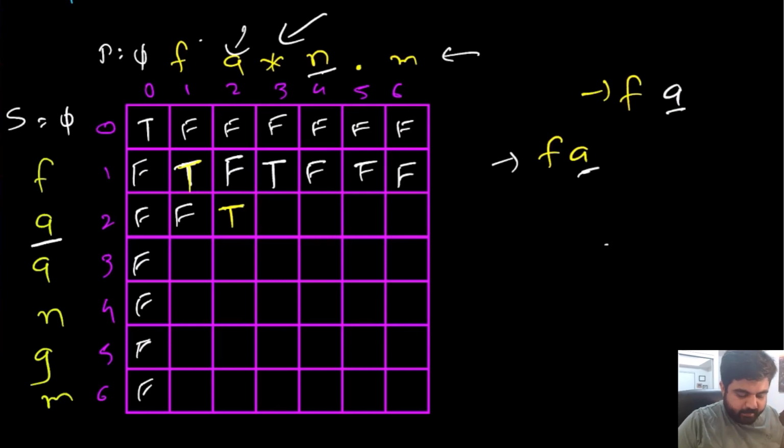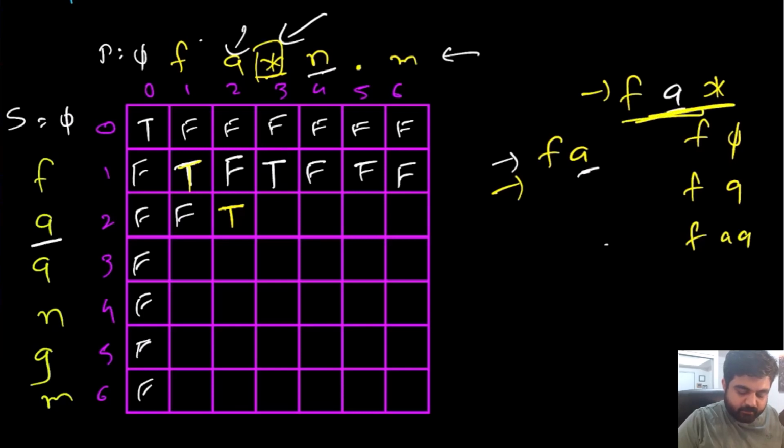Awesome. Now currently we are at this FA star. Is this a match with this FA? Again, now we have the star value, so we will have to check. First thing we have to check is whether we can consider this to be just an F and empty string, or we can consider this to be an FA, or we can consider this to be an FAA. I'm talking about this value, right? And if we see, this FA is a perfect match.